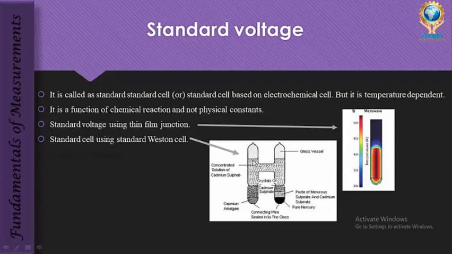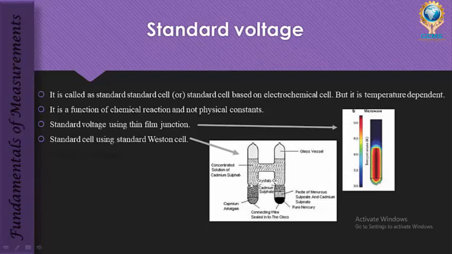And now these two tubes we call one cell as the saturated cell, the other cell as the unsaturated cell. So the saturated cell was found to have a constant voltage irrespective of temperature. So the voltage present was 40 microvolt per degree Celsius, and the voltage seemed to be constant for any variation in temperature.